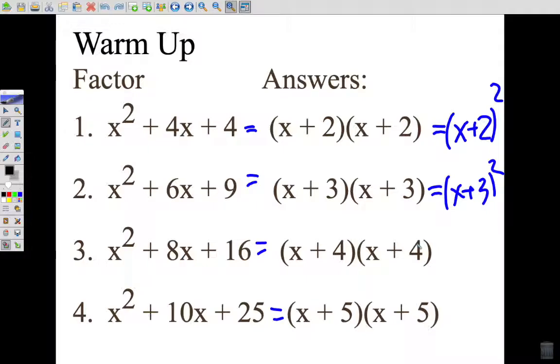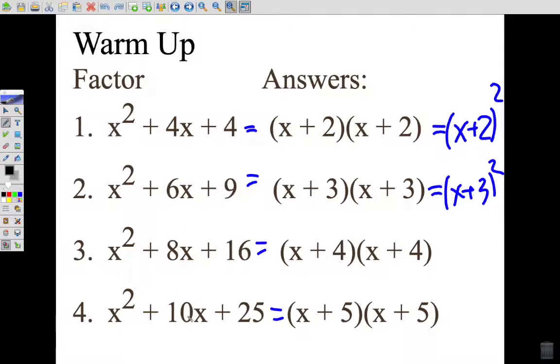So these trinomials that I asked you to factor were handpicked. They were special because every time you factored them, they ended up being the square of a binomial. I gave you perfect square trinomials. So let's focus now on these numbers that are represented as the coefficient of x.